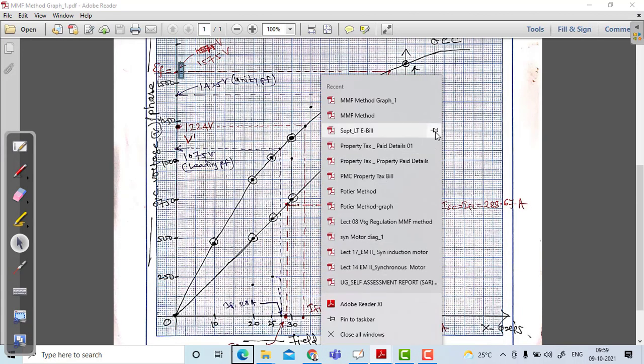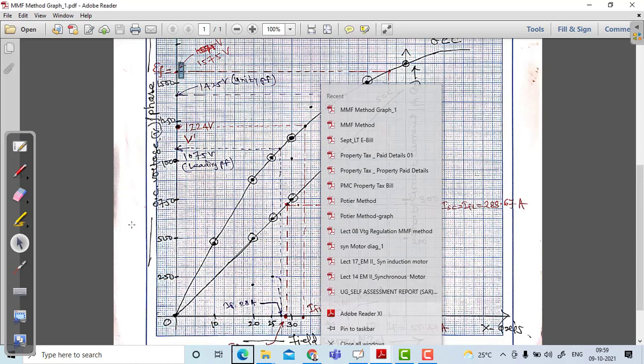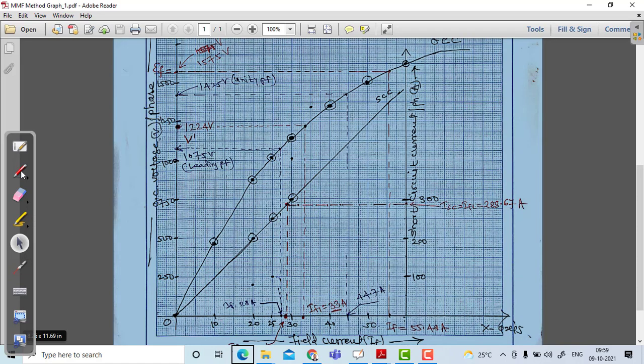Okay, so corresponding to the resultant, 27 point something. See, here it is 25, here it is 30, and 27.5 lies somewhere here.